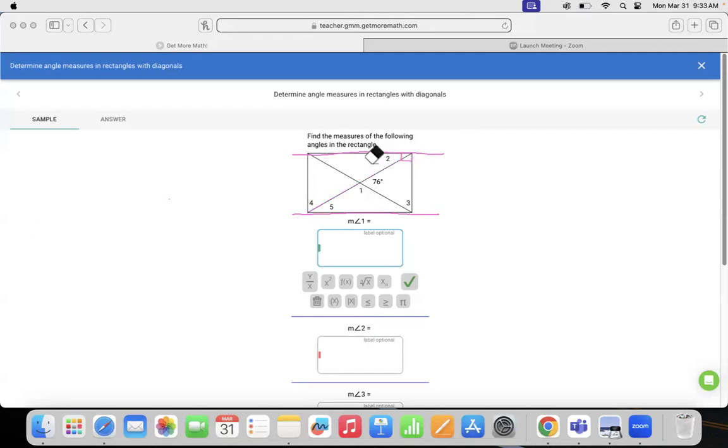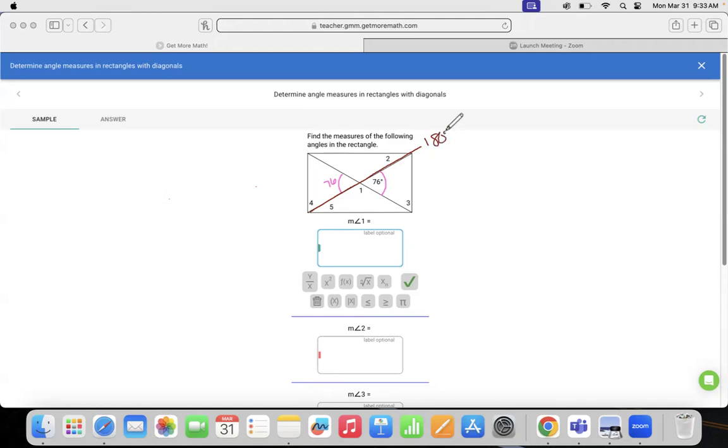Then we also should know vertical angles, pulling this way back from the beginning of the school year. If this is 76 degrees, then this is also 76 degrees. And then also we need to know that this is a straight line. Straight lines equal 180. So if this part is 76 degrees, we would take 180 minus 76 and get angle 1. So that's where we're going to start.